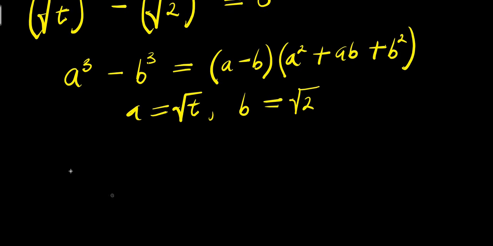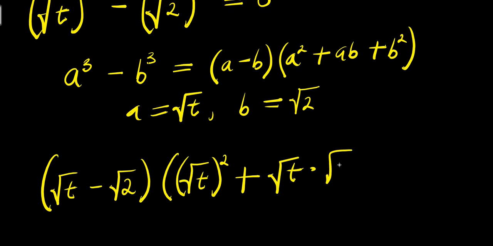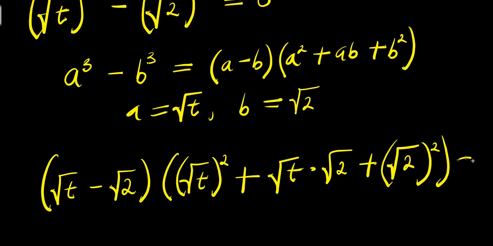So inserting them here, we have square root of t minus root 2 times square root of t raised to the power of 2 plus square root of t times square root of 2 plus square root of 2 raised to the power of 2 equals 0.